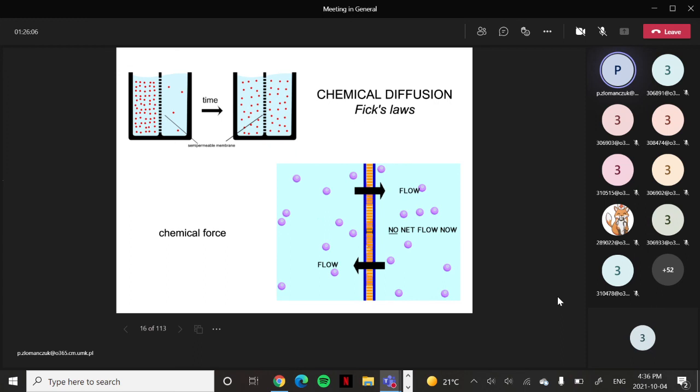The higher the difference in concentration of a given molecule between these two environments, the stronger the chemical force that is generated, causing a net flow of those ions through the permeable membrane. So when you are thinking about ions, they are molecules, therefore you have to think about chemical force.